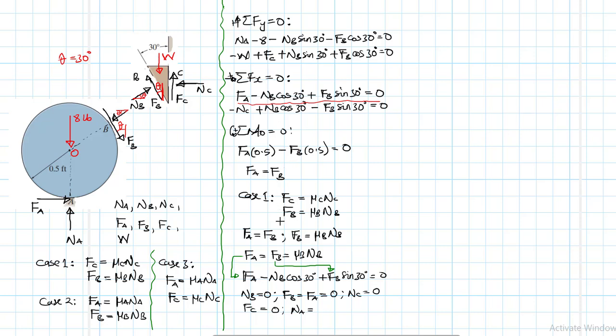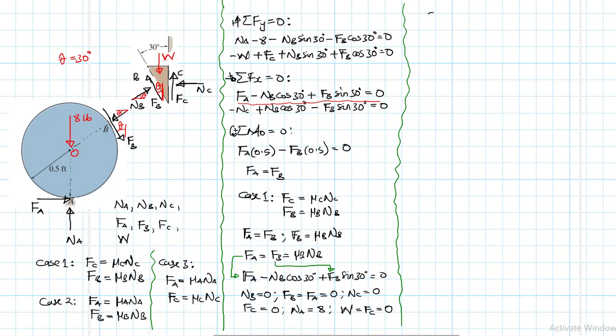We had assumed case 1, yes, NA will be equal to 8, and therefore W itself will be equal to FC, which is equal to 0. So this is case number 1. You can check that and calculate.